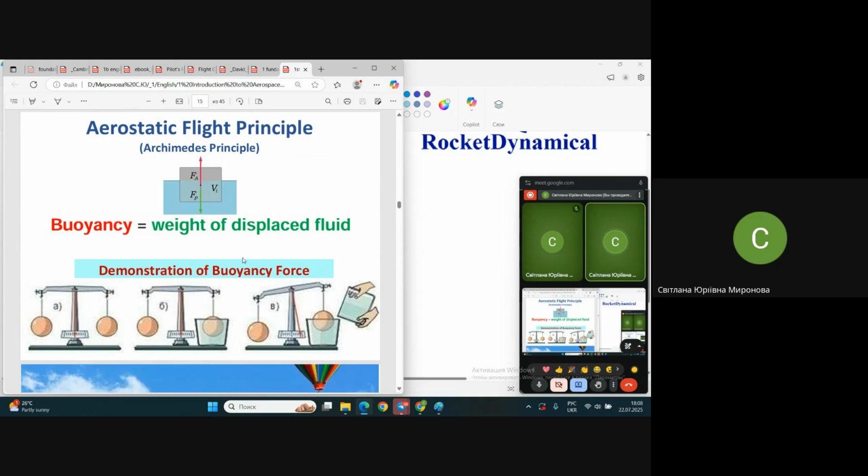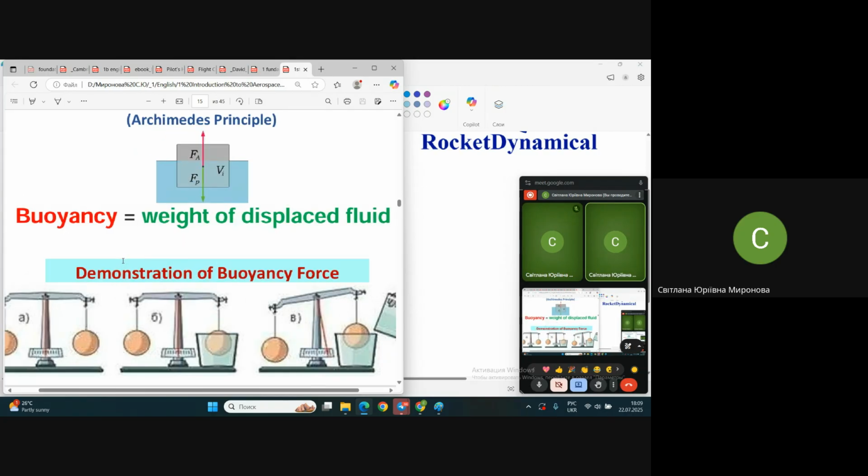It will be completely defeated, let's say, by gravity. Because the higher, the less is buoyancy force. With the same size of aircraft, with the same volume of this balloon, the higher, the less buoyancy force, because the density of air is less at heights. And here you see a very understandable and very simple demonstration of buoyancy force in this slide.